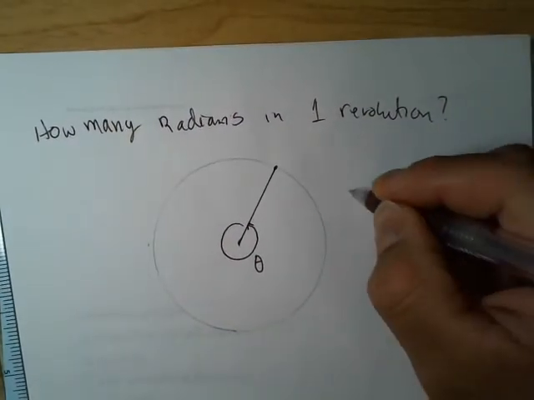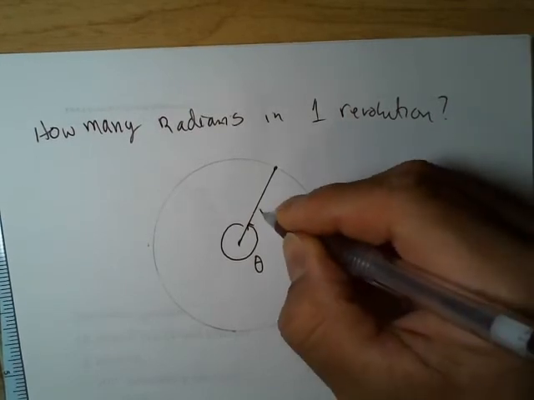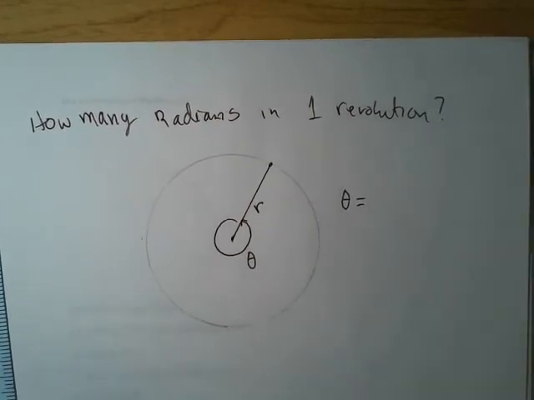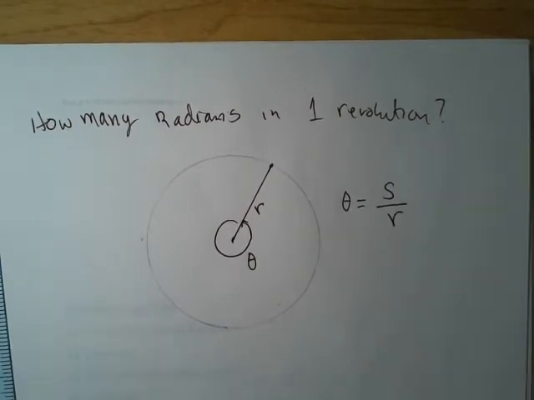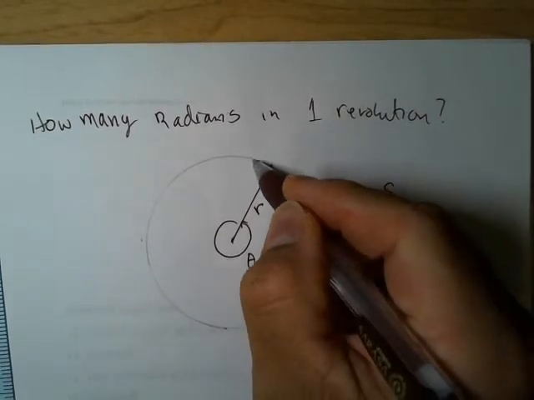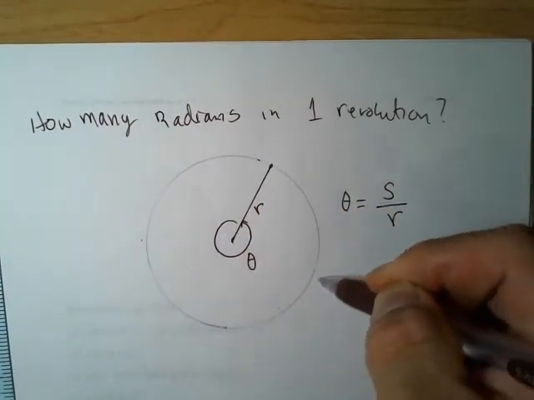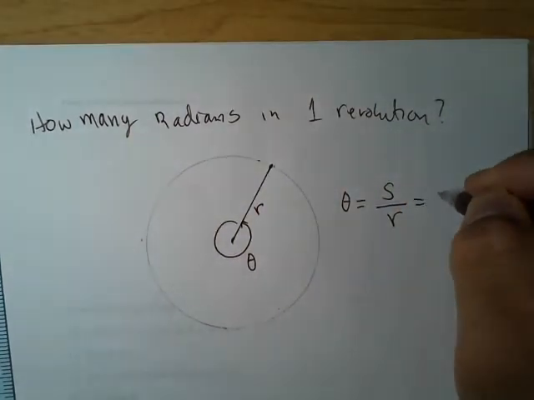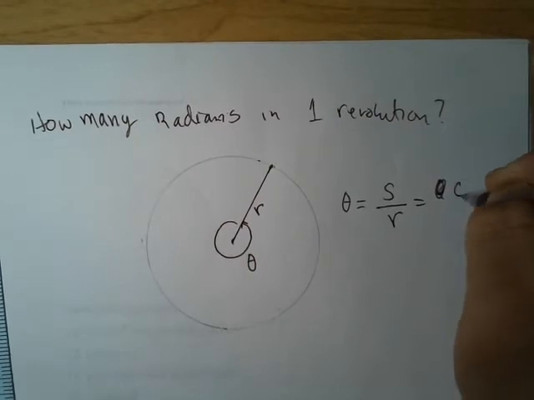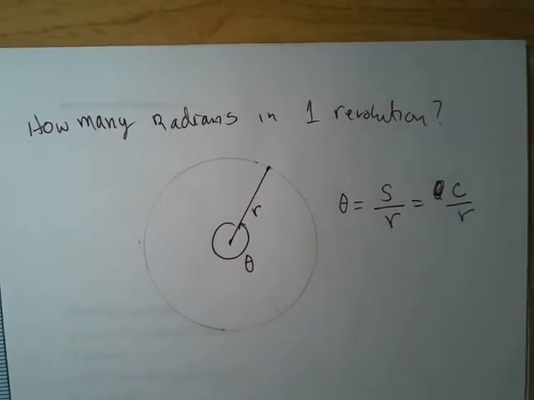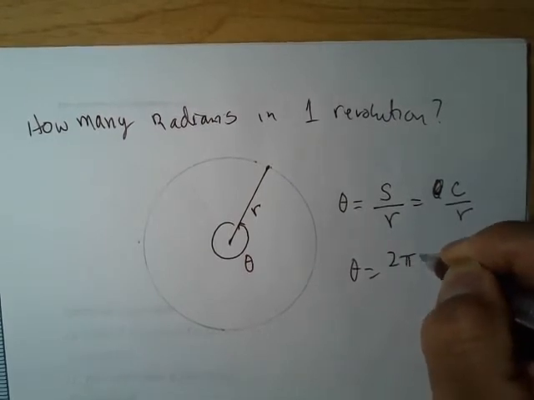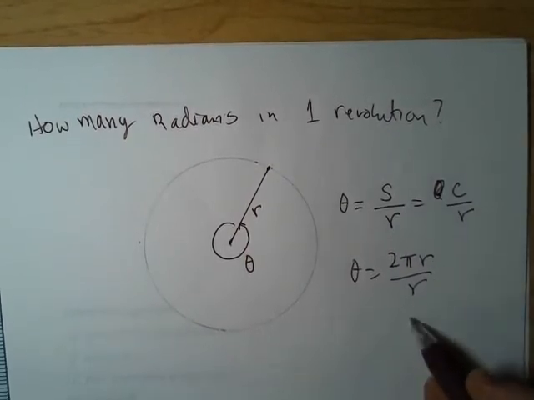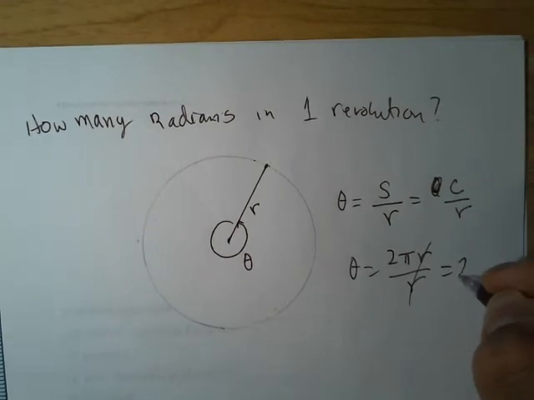In this case, theta, if it's of radius r, again just a generic r, doesn't need to be the unit circle. Remember, radian is described by the arc length, but in this case, the arc length is the circumference, over r. But what is the circumference? Well, the circumference is 2 pi r, the r is down here, and we get 2 pi radians.